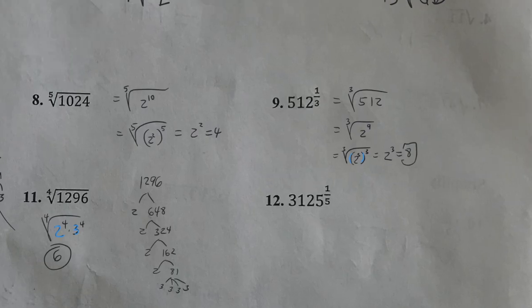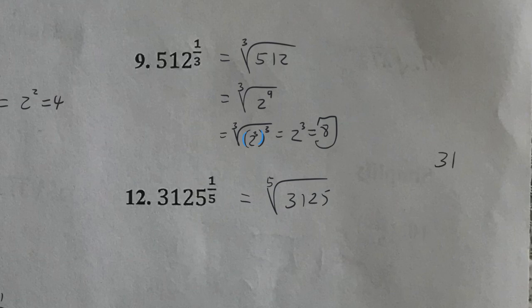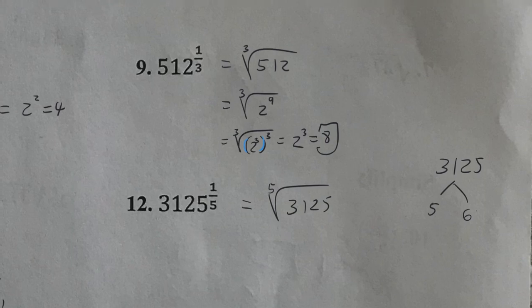Okay. Problem number 12. Did we deal with 3125? Actually, I don't think we did. Either way, it's going to be the 5th root of that. So 3125, prime factorization tree. Definitely divisible by 5, but is it divisible by 3? Let's see, no, it's not. So it's divisible by 5. 3125 divided by 5 would be 625.